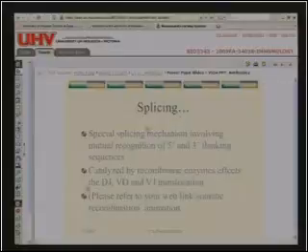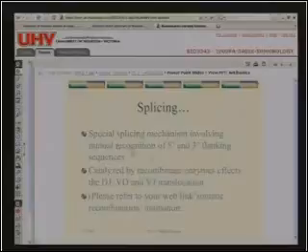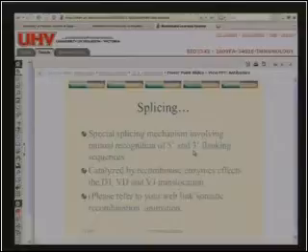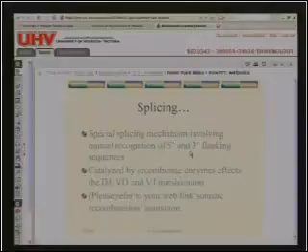But how do they recognize this, or how do we study it? We have to study the splicing mechanism. A special splicing mechanism involving mutual recognition of 5' and 3' flanking sequences. The 5' and 3' flanking sequences are from the DNA sequence. Now I have to go into a little bit of the molecular biology of DNA.